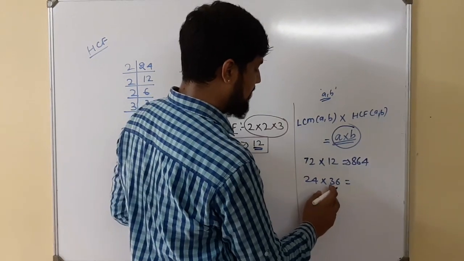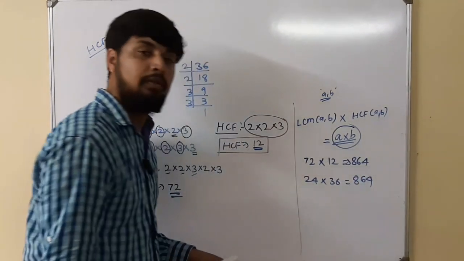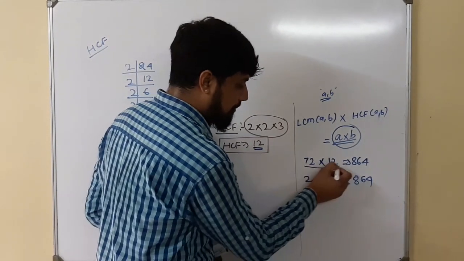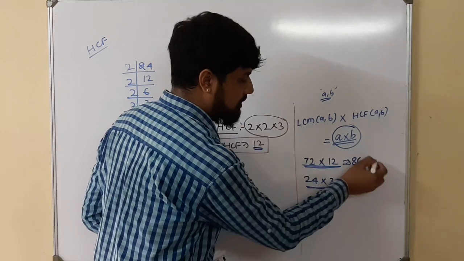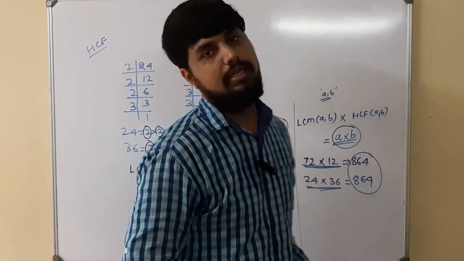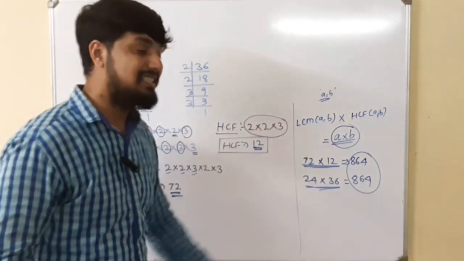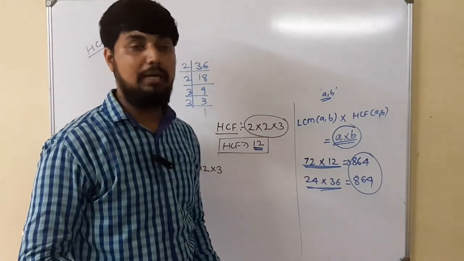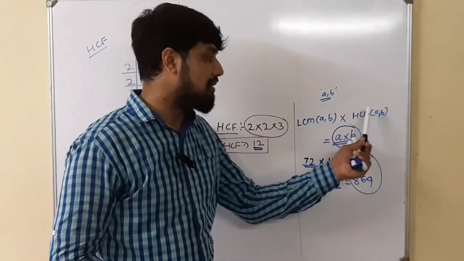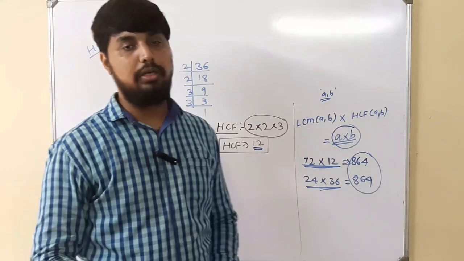When you multiply 36 and 24, you will get 864. So when we multiply LCM and HCF, and when we multiply the two numbers, the result is always the same. So this theorem is very important. From this theorem, 1 mark or 2 mark questions are definitely asked from the first chapter. So always remember, LCM multiplied by HCF is always equal to the product of the two numbers.